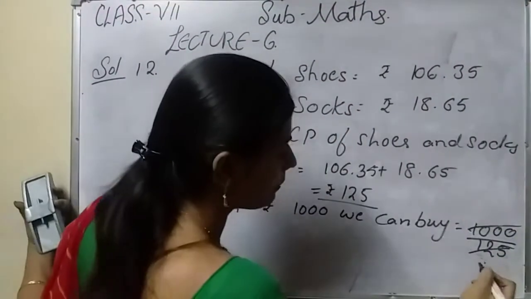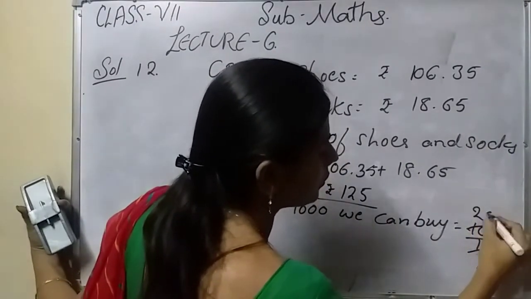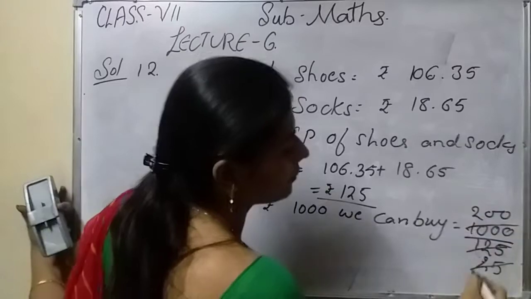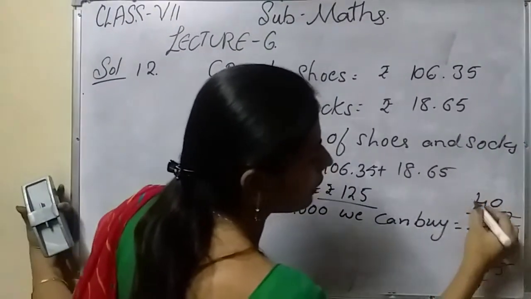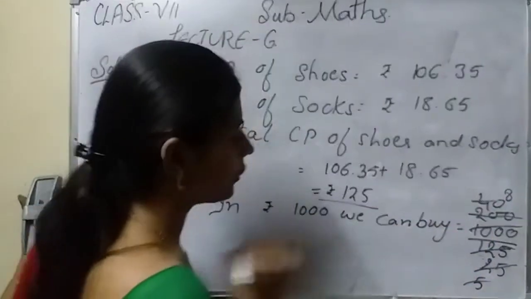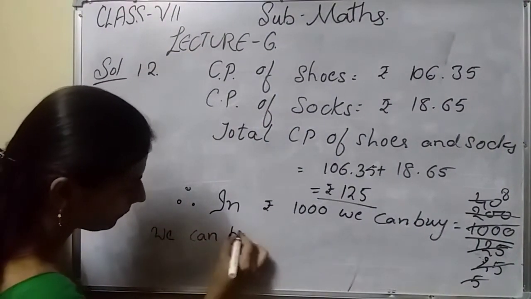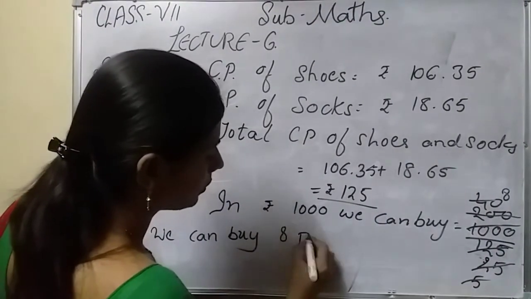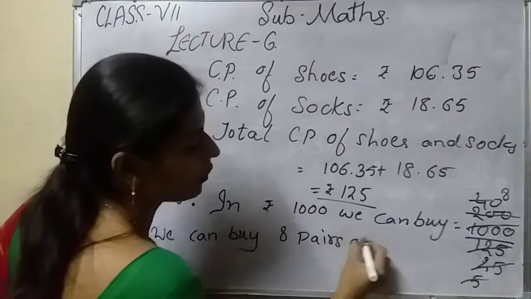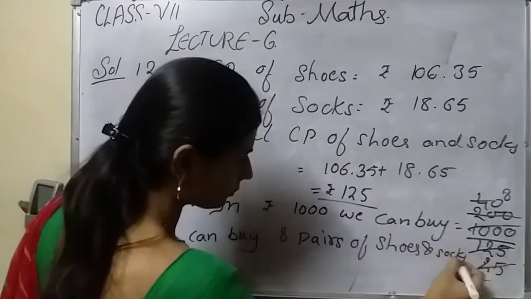Here when you divide it by 5, 5 5s are 25, 5 4s are 20, 0. Again by 5, 5 8s are 40. So we can buy 8 pairs of shoes and socks.